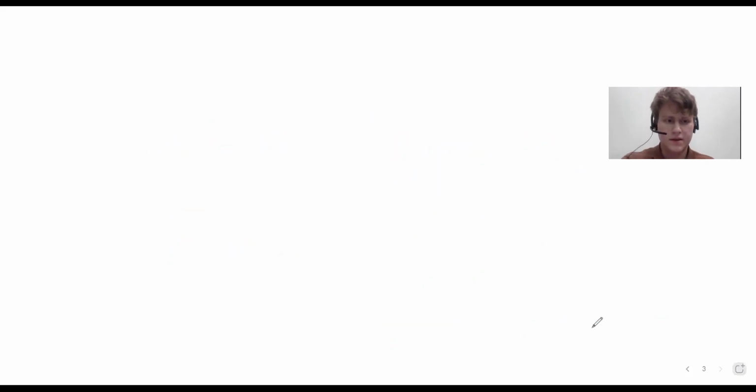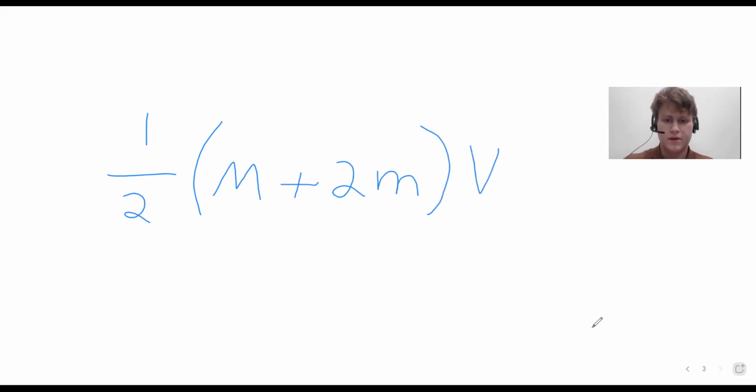New slide. So that means we have 1/2 (M plus 2m) v center of mass squared equals force times distance that the center of mass has moved.